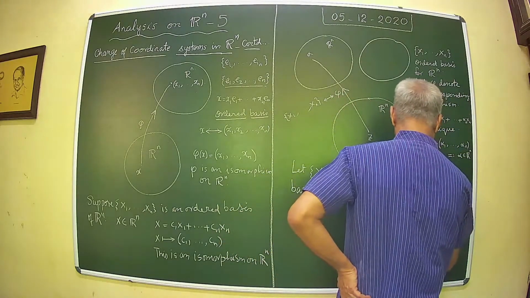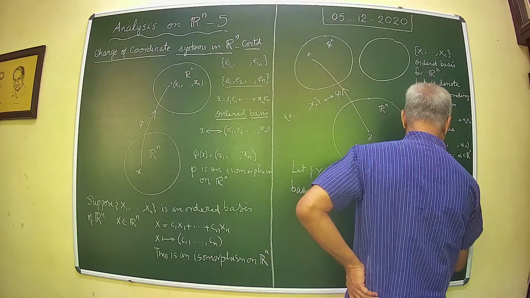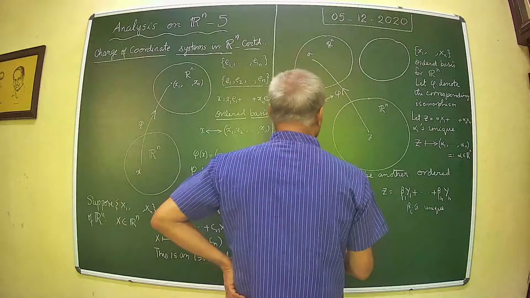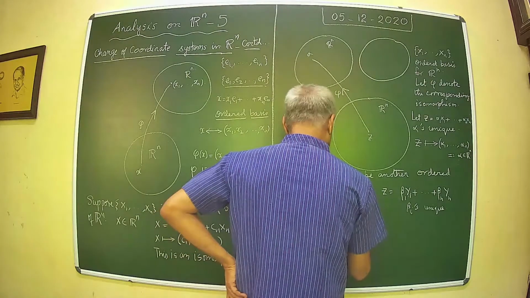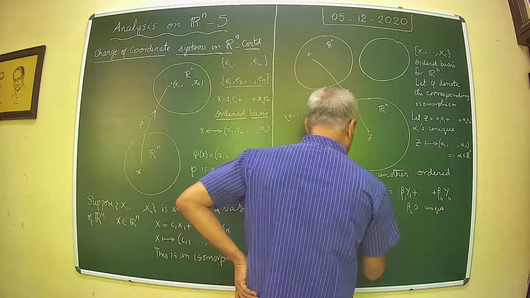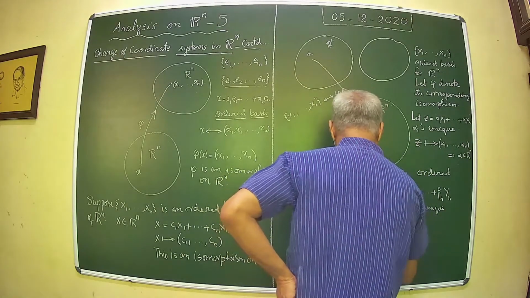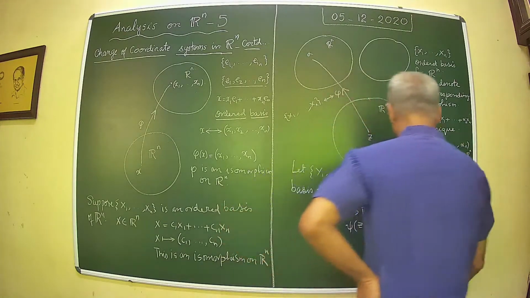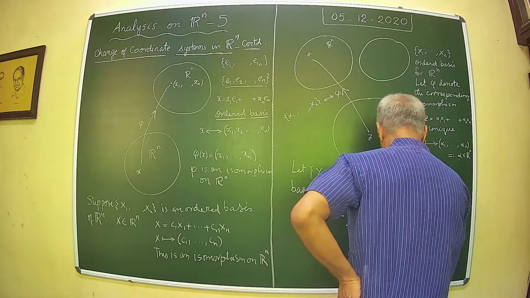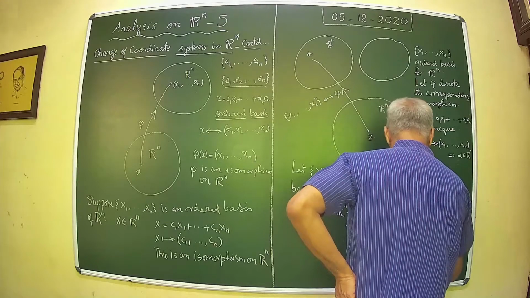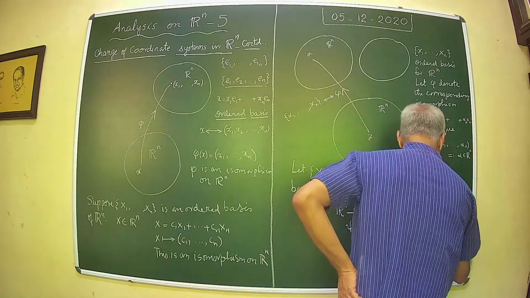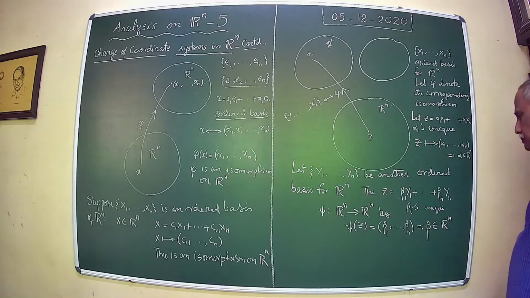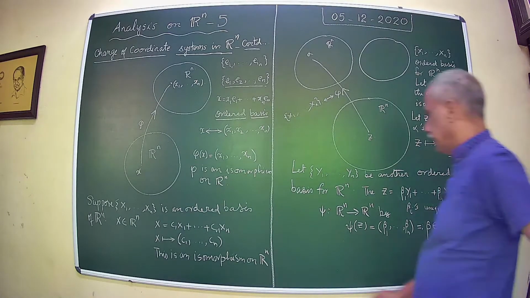So the beta i's are unique. Therefore, I define psi by psi of z equal to beta, so I get another image for z defined by psi. Psi is an isomorphism.